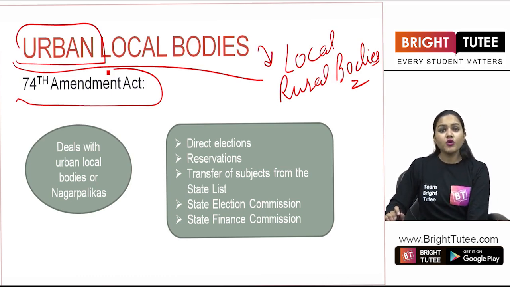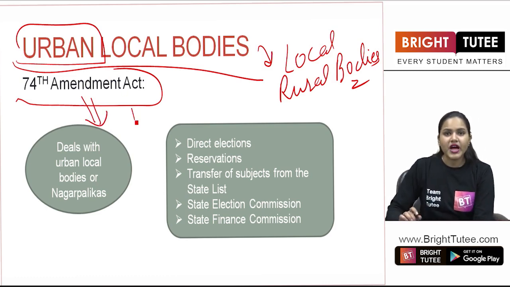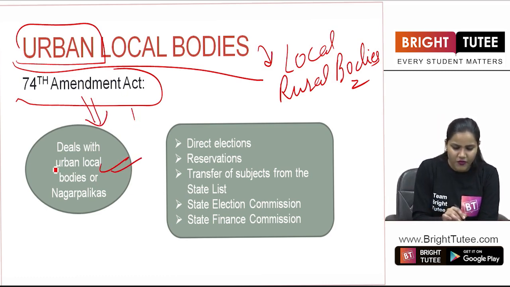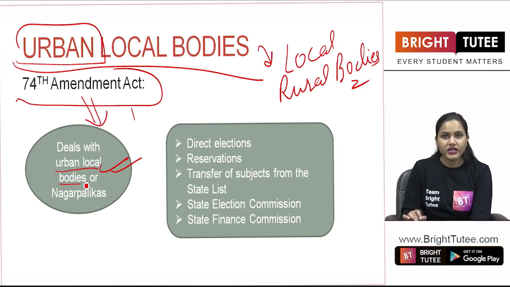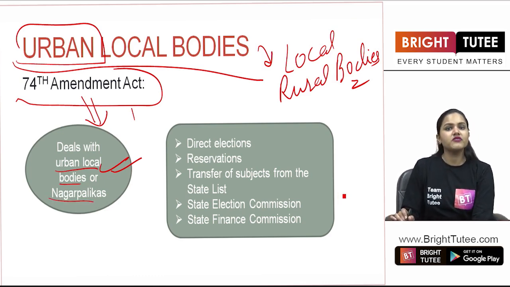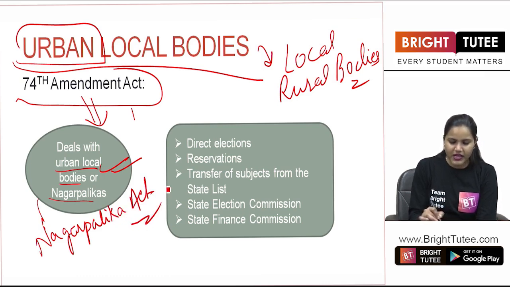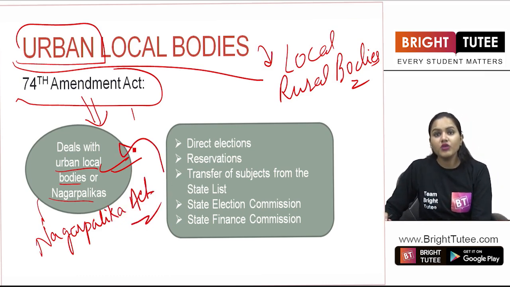Under the 74th Amendment Act, the provisions that were made were for the urban local bodies, also known as Nagar Palikas, as you must have heard this term. This was also known as the Nagar Palika Act, that was mainly for the urban local bodies.